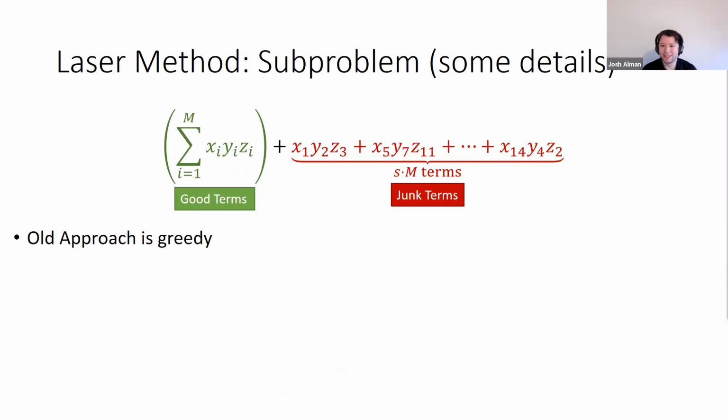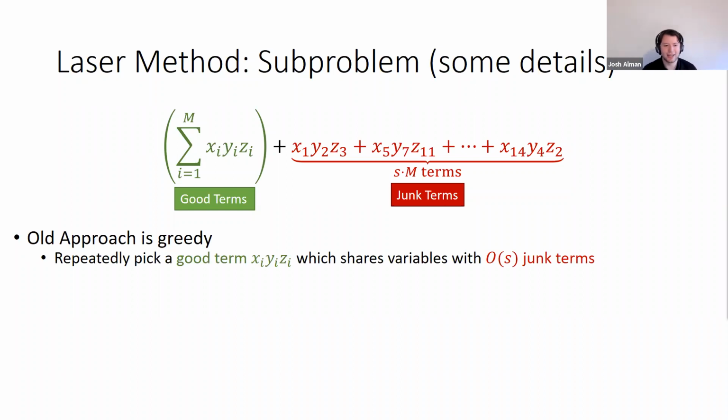So the old approach is a really natural, greedy approach to solving this problem. So what you do is you repeatedly pick a good term that shares variables with the fewest junk terms. Because there's m good terms and s times m junk terms, you can always pick a good term that shares variables with order s of the junk terms.